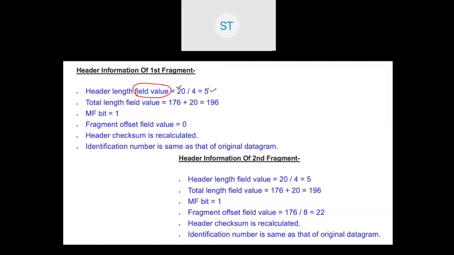Total length is this plus header, 196. MF bit is set for the first, offset value is 0. For the second, header length is 20, the MF bit is set, offset value is 22.